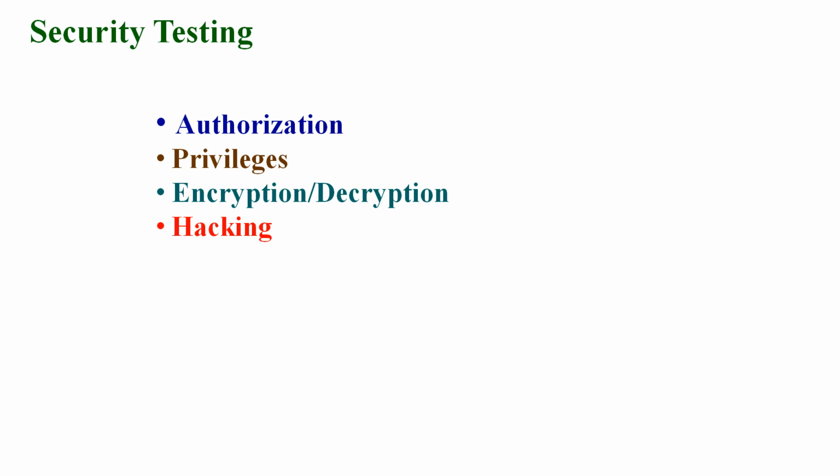And the privileges. See, there may be hundreds of thousands, lakhs of authorized users. All these authorized users will not have the privileges. That means only some people will have privileges. For example, if a system admin or database administrator is there, these administrators will have high privileges.